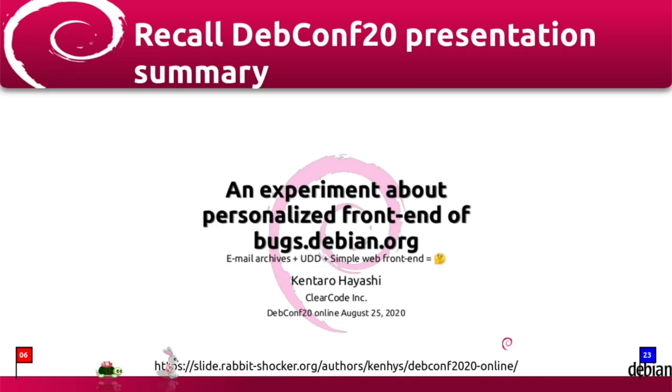Firewall is an experiment to make a better bug tracking experience, and the way to achieve such a purpose. In this slide, I've explained the current problems and the idea of how to solve them, and the system internals of the Firewall web service.